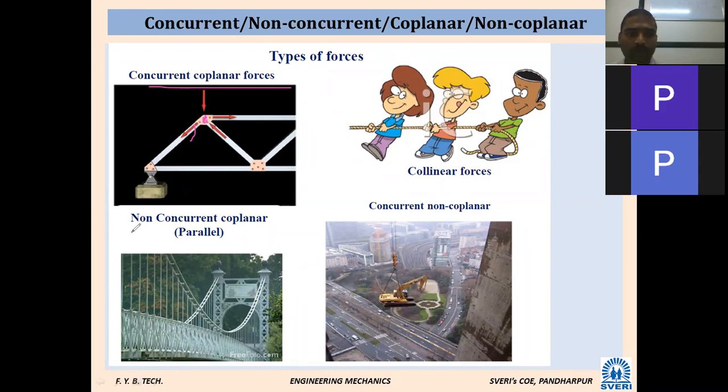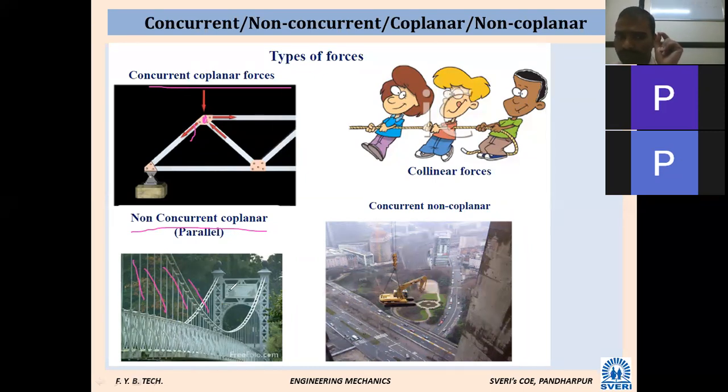Next, now see, non-concurrent but coplanar parallel forces. Now see, here is one force, here one force, here one force, from here. These are parallel forces. It means they are in the same plane, but they are not acting at the same one point. Now see, if I take the line of action of all these forces, are they acting at one point?